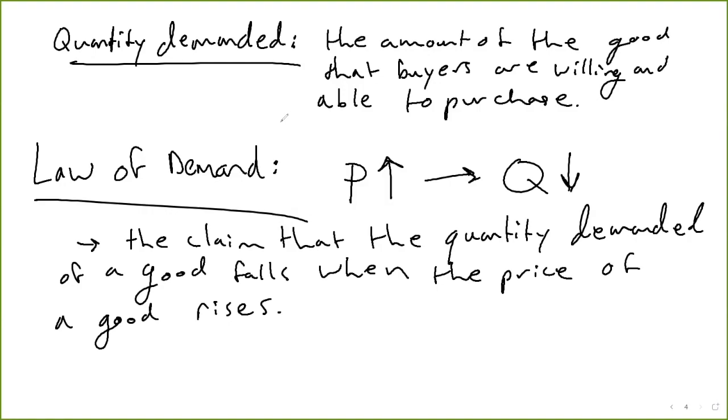This should be very intuitive. Just think about your own behavior. If something is more expensive, you tend to buy less of it. And when things are cheaper, you tend to buy more of them. Now, let's consider an individual, Pat Mad Dog Smythe.